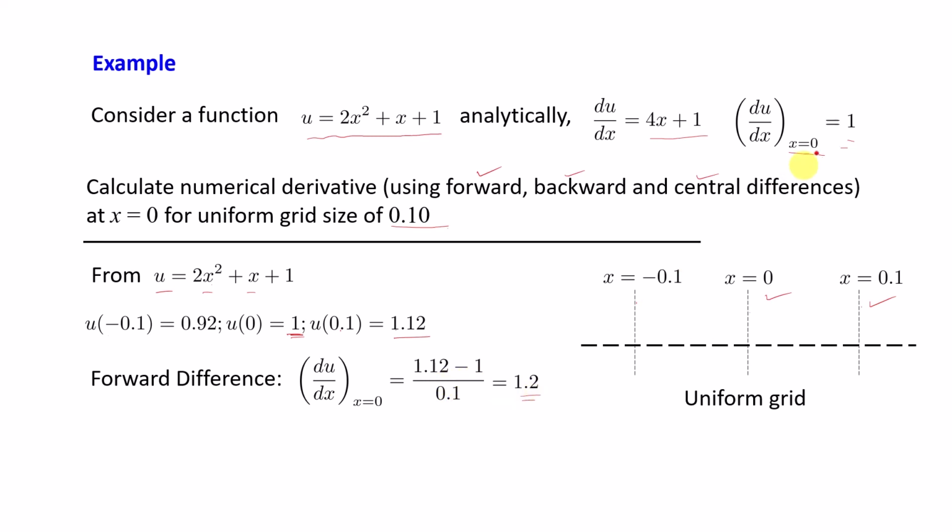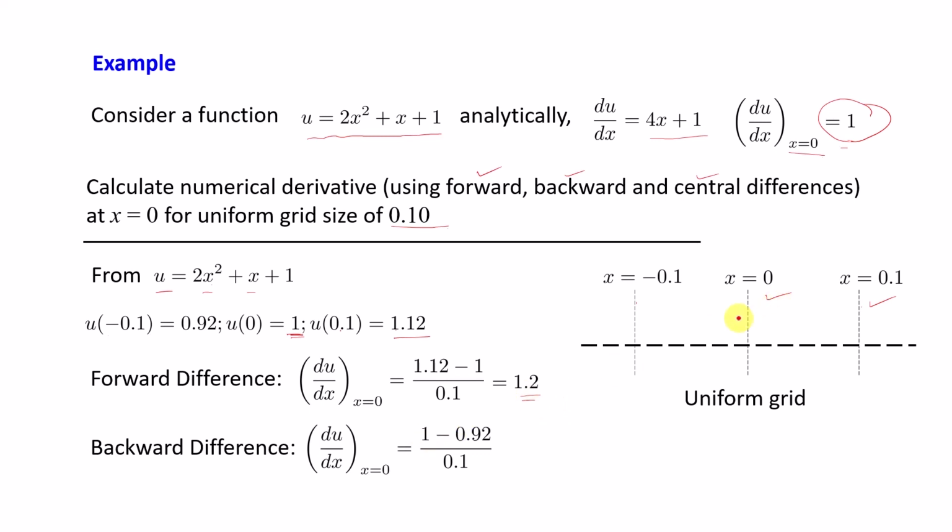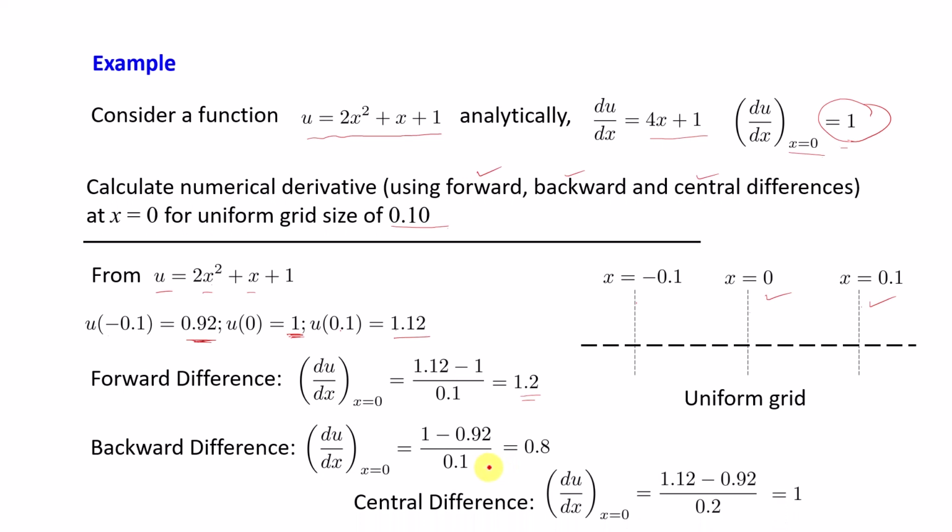We can see that my analytical is 1. I am getting 1.2 here. Backward difference will be x equal to 0, that is 1, minus x equal to minus 0.1, that is 0.92. So 1 minus 0.92 divided by 0.1, that should be 0.8. And finally, central difference.